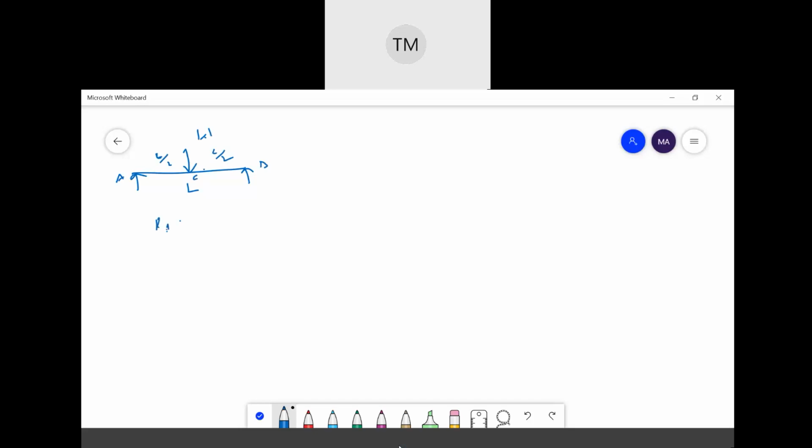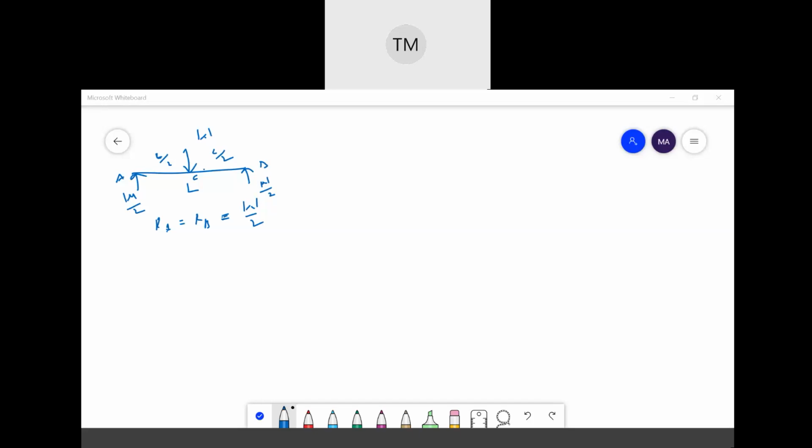The total load acting here is W. So RA is equal to RB is equal to W by 2. Here you have W by 2, here you have W by 2. Two support reactions will be there, RA and RB.